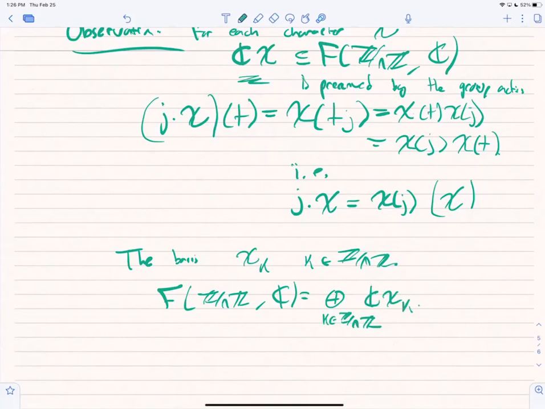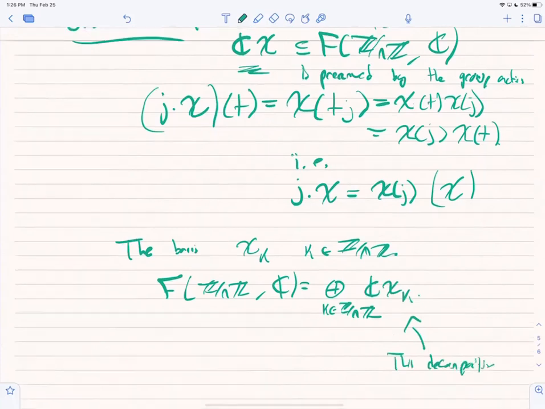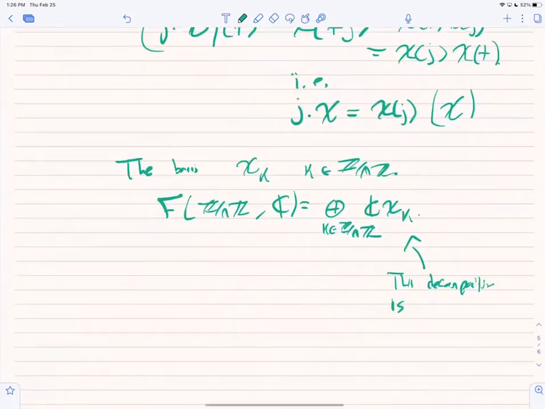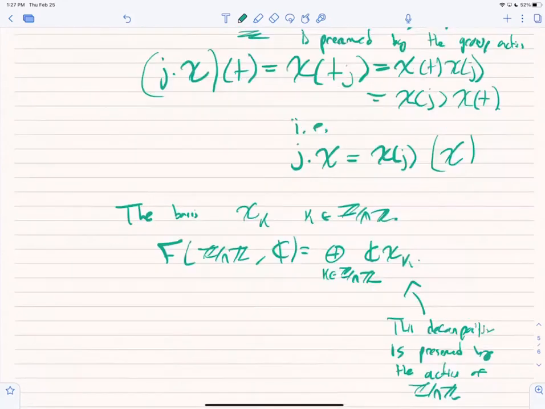And so this decomposition is preserved by the action of Z mod NZ. Z mod NZ is acting on these functions by right translation, and we just computed that it preserves each of these one-dimensional subspaces.